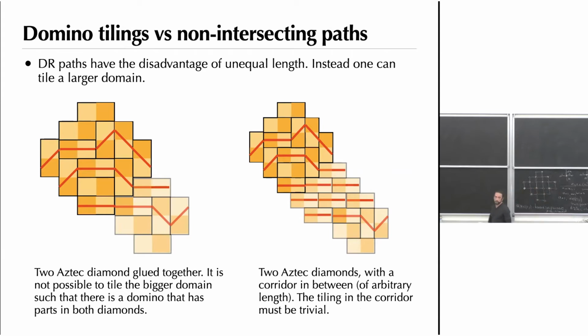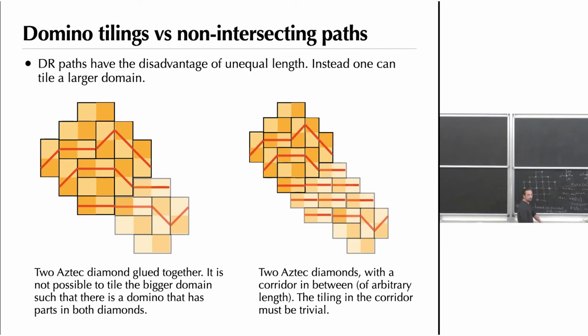If you draw these paths, you get paths that go nicely from left to right, and they are more equal in length. I'm doing a different region, which might be problematic, but you can verify combinatorially that it's not possible to have a domino on both Aztec diamonds. So it always decouples, and you can just as well look at this one. This is the one for the approach that I like.